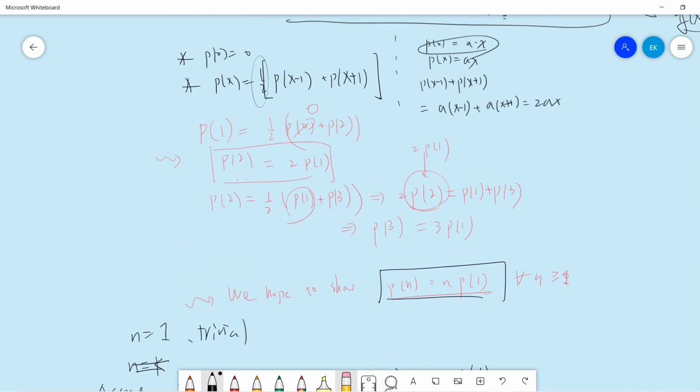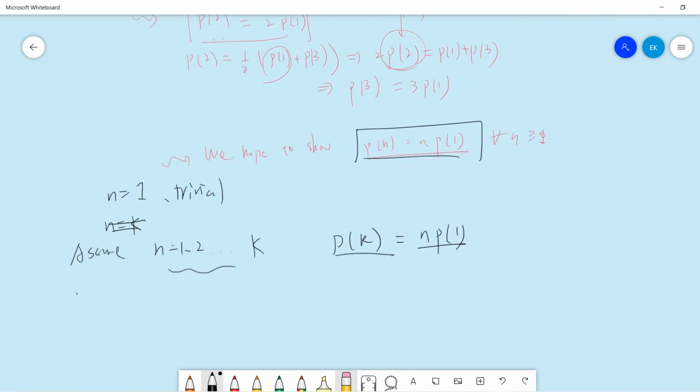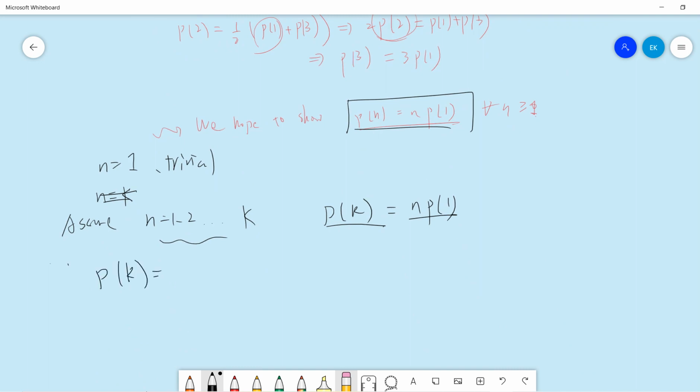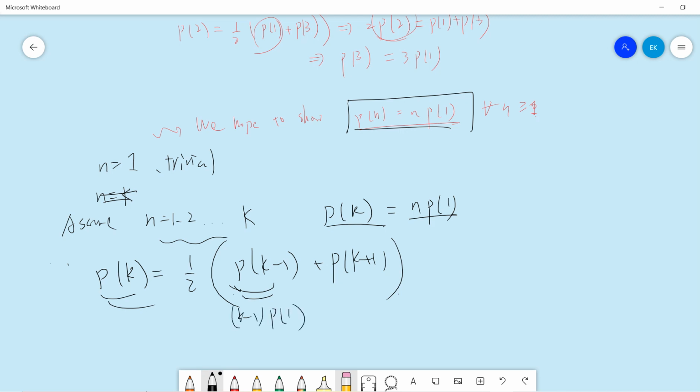Now we want to prove P of k plus 1, right? So P of k will be half of P of k minus 1 plus P of k plus 1, right? And these two are in our assumption. So this is k minus 1 times P of 1. This is k times P of 1. So from here you get P of k plus 1 is k plus 1 times P of 1. Okay, so we proved this.